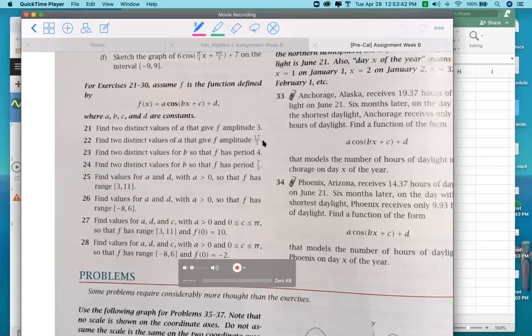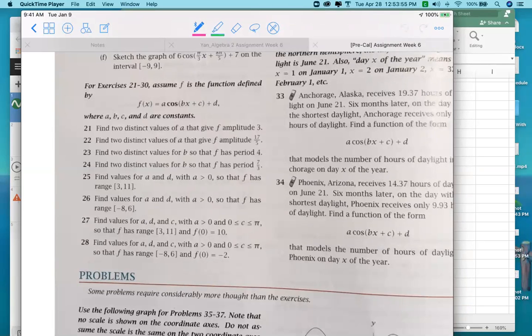This is your first number, this is your A. But they are asking to find 2 distinct values. That means we can have a positive version and a negative version. Does that make sense? Again, this number determines that already.